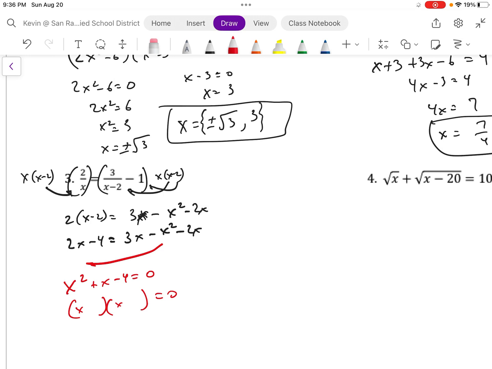Oh, here's my mistake, right here. This shouldn't be... this is -1 times x squared minus 2x, negative x squared plus 2x. So this should have been a plus, so this would have been 5x, and then we move it over here, 2x, that'd be negative 3x.